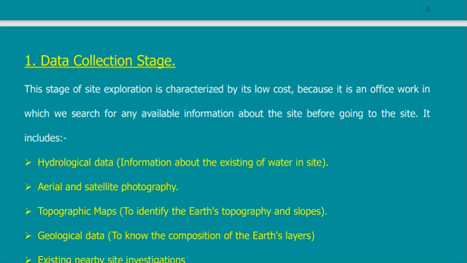First thing is hydrological data. I can just look for books, published papers, places that sell printed information about the area where my site is located, and I check these locations.